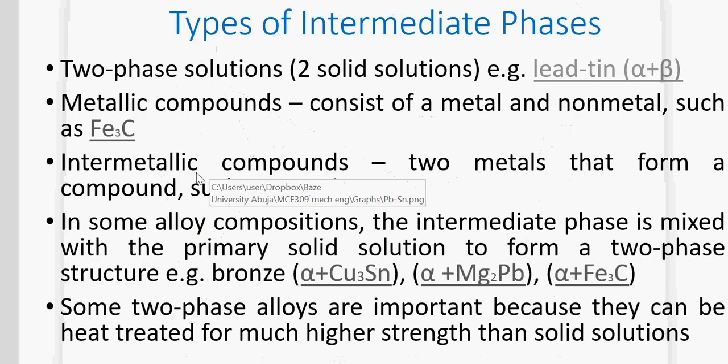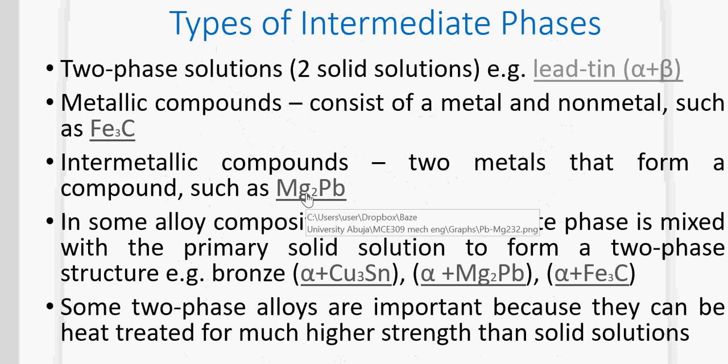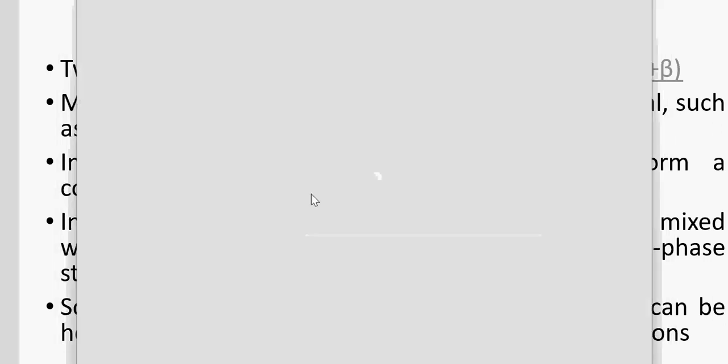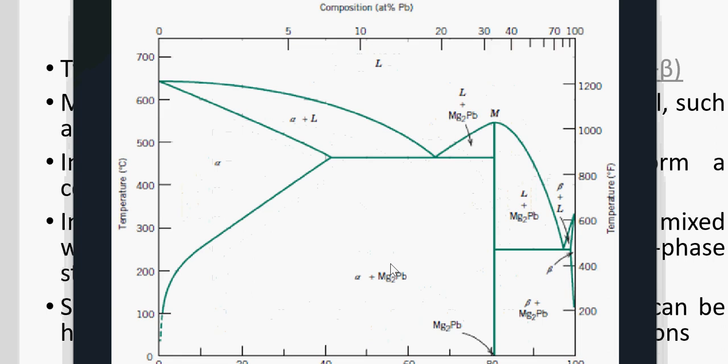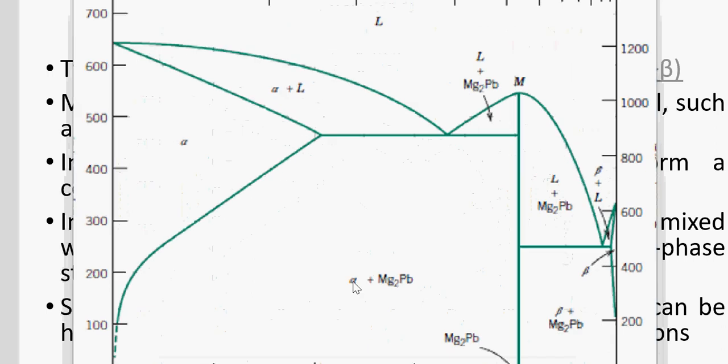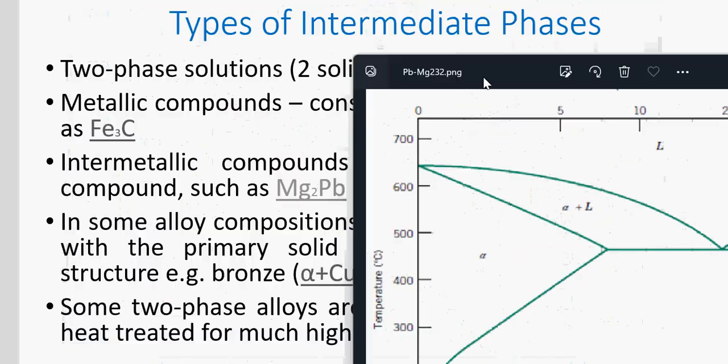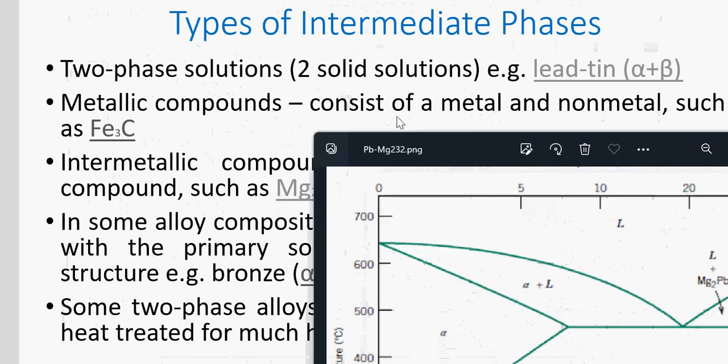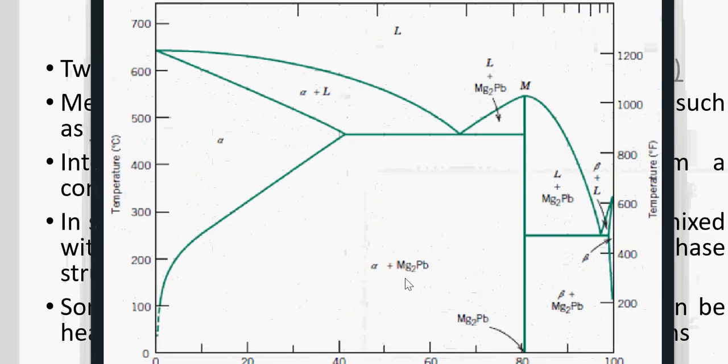So we also have intermetallic compounds. Two metals that form a compound such as this is also an example of intermediate. Here we have a metallic compound. So this is an example of a metallic compound. Magnesium what? Lead. Metallic, both are metals. Magnesium and magnesium lead.